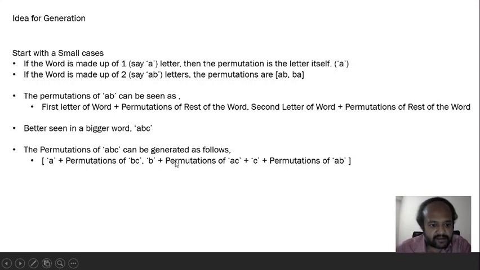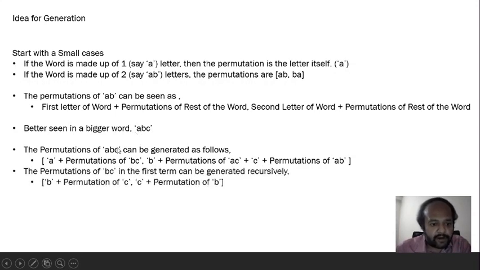These three things, A concatenated with the permutations of the rest of the word, the same for the second letter of the word, and the same for the third letter of the word, will yield all the permutations of the input word. Now, how can we get the permutations? So now we are defining the problem in terms of itself.